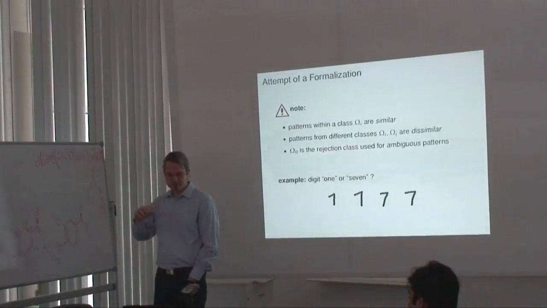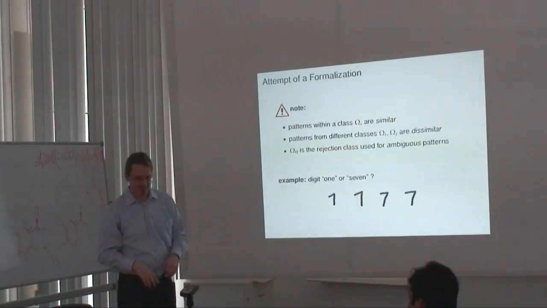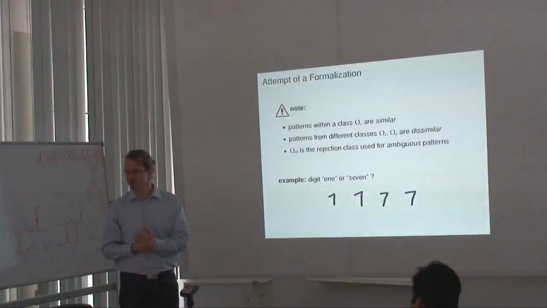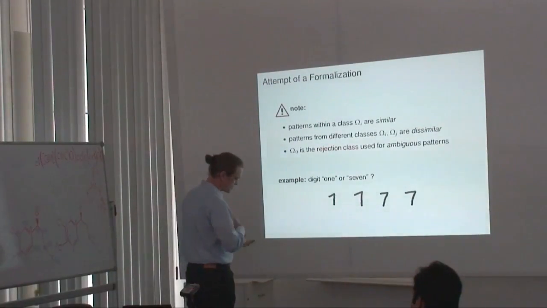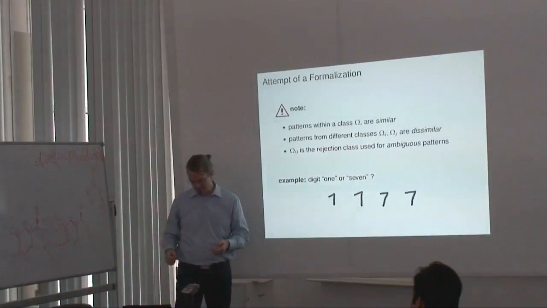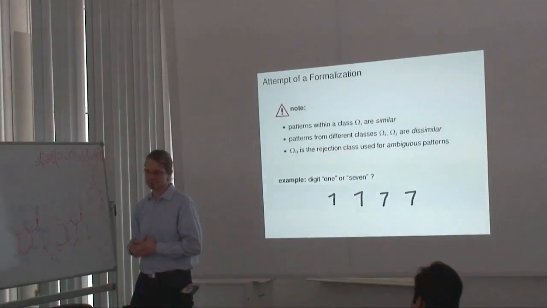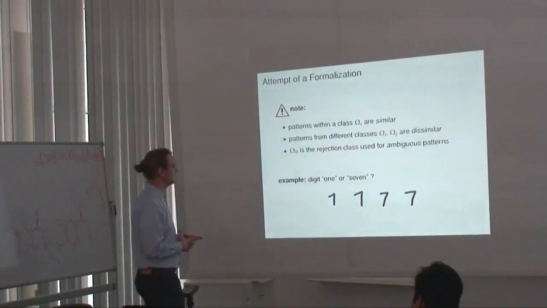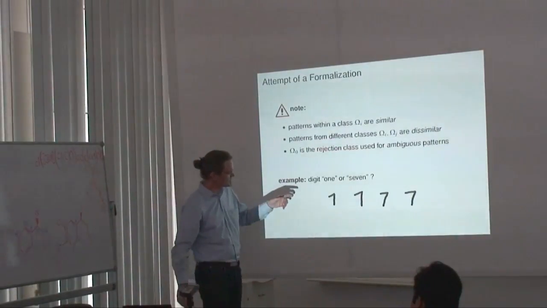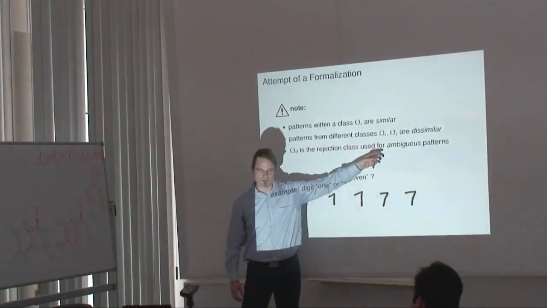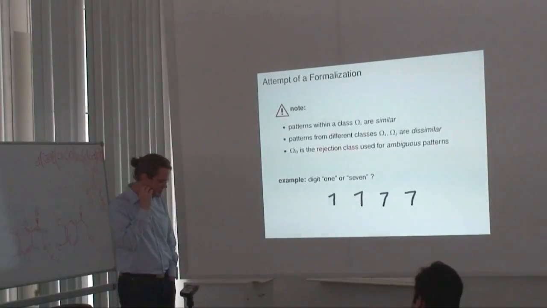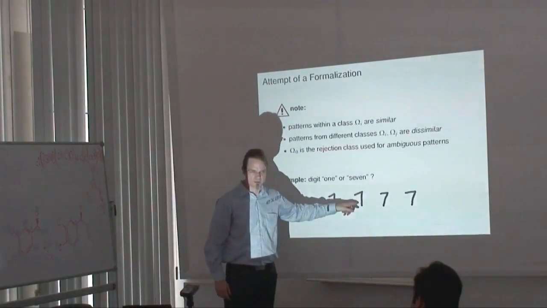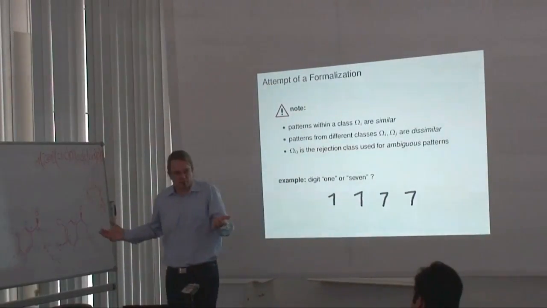And in that sense, this is actually why pattern recognition is interesting, or difficult, why it is really not straightforward to do it on a computer. And the patterns that are ambiguous, for which we do not want to say, well, this is a 1 or a 7, because it can be both.